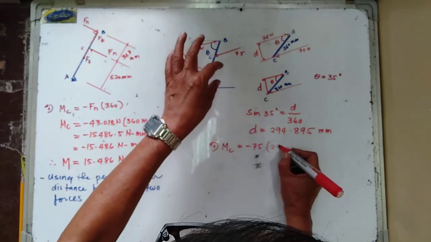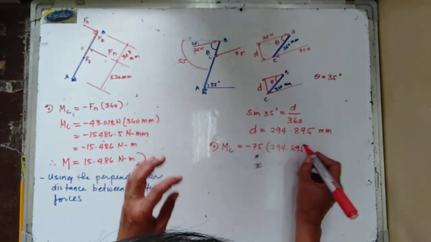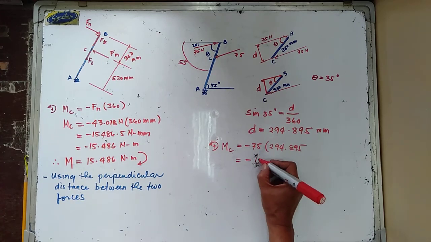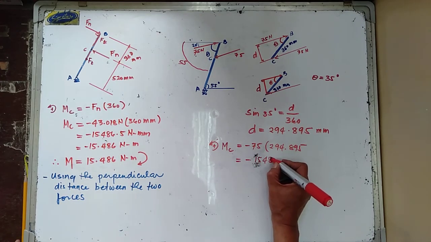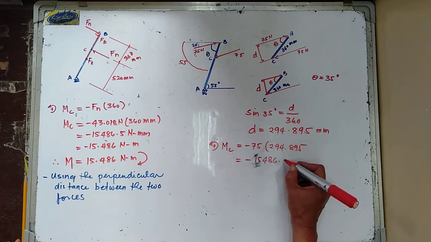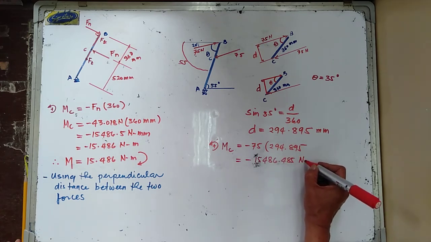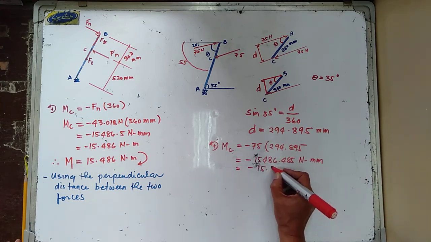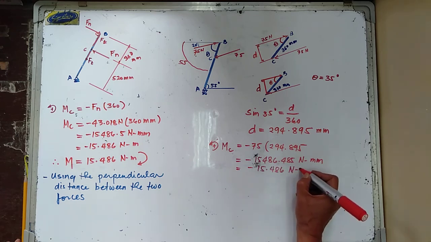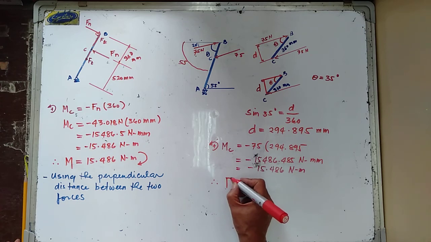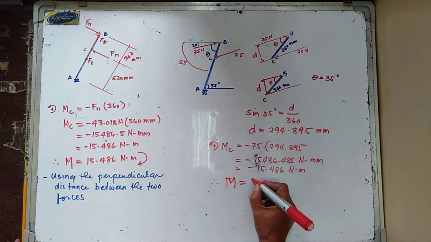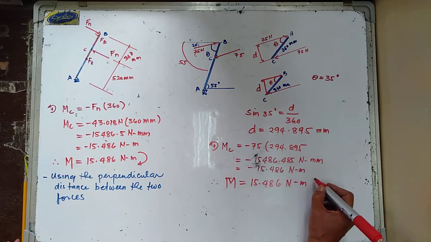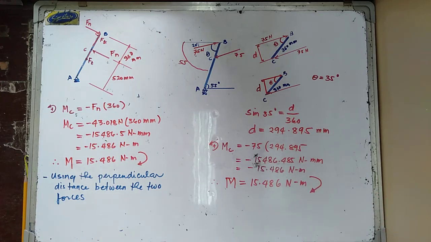That is equal to 294.895. And this is minus 15,486.485 Newton millimeter, or that is equal to negative 15.486 Newton meter. Hence, the moment in here is now equal to 15.486 Newton meter. So that is a clockwise couple.